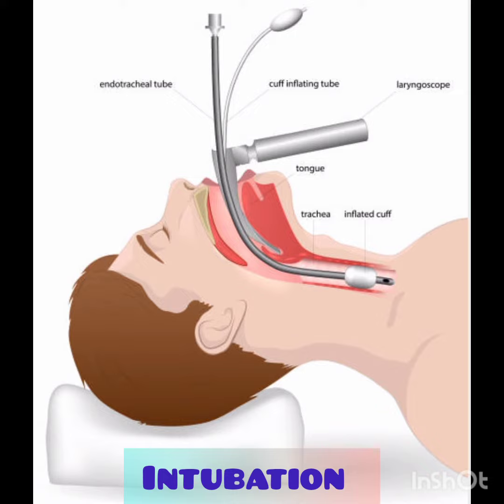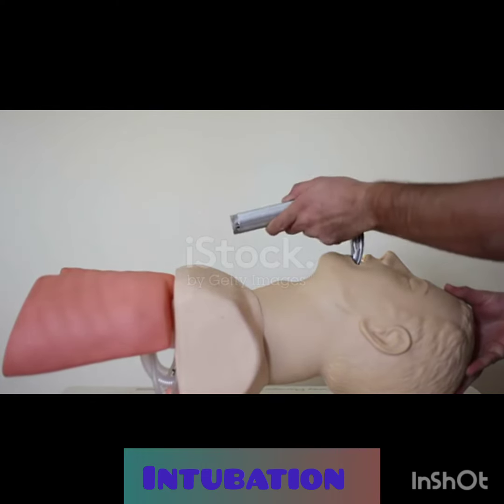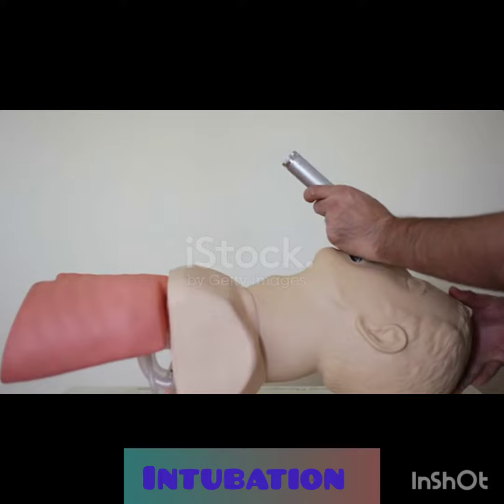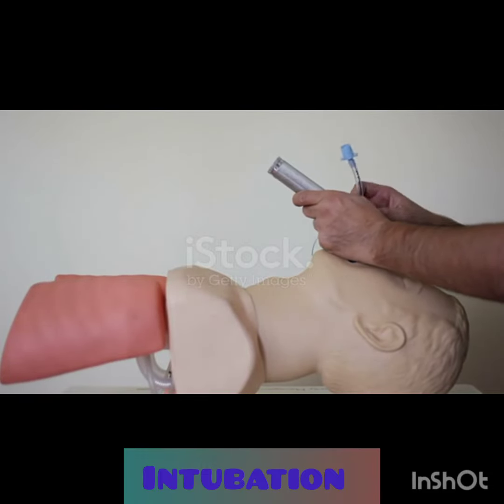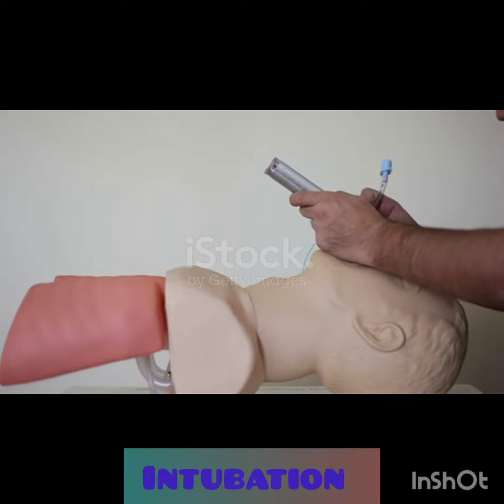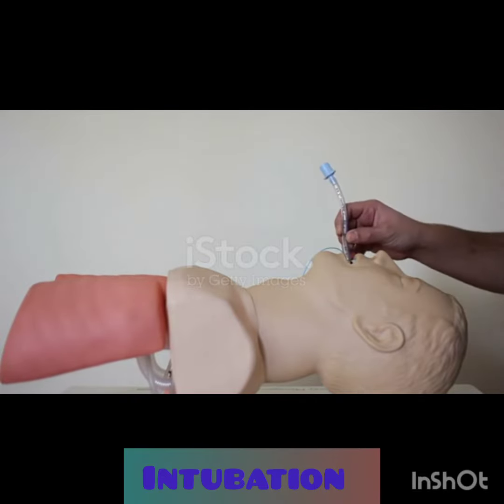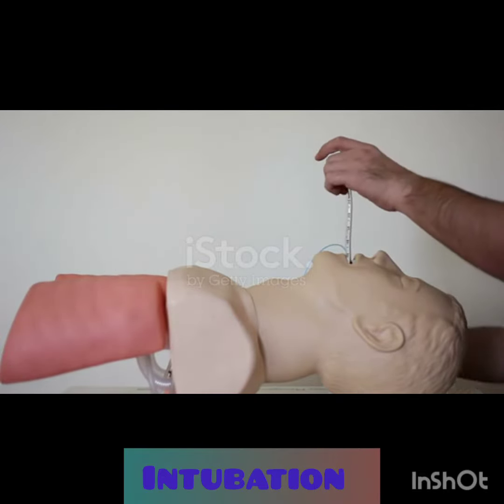After that, the doctor will use intubation to help the person breathe while they are under anesthetic. Once they're done with this, they check the breathing to make sure the tube is in the correct position or not. And then typically they attach the ventilator tube to the endotracheal tube.